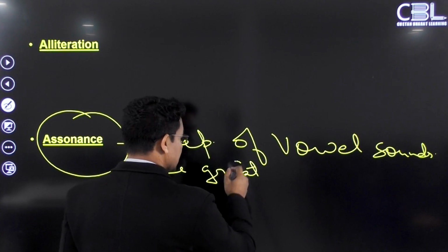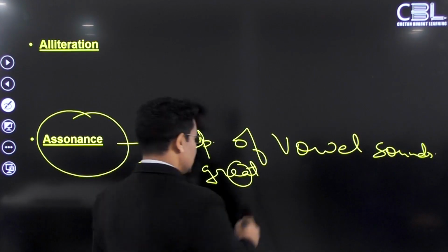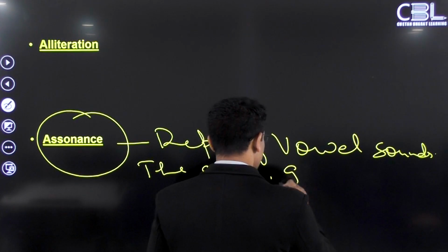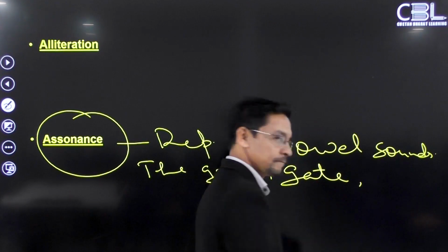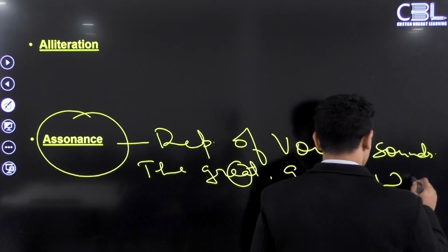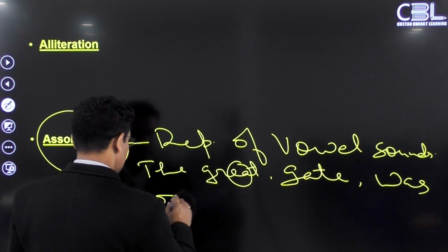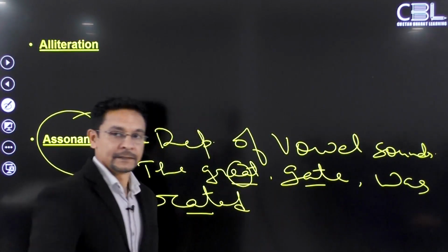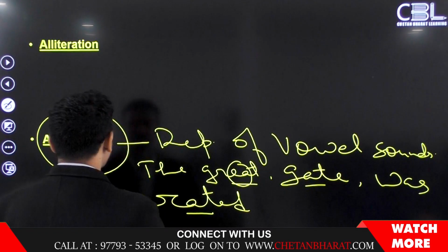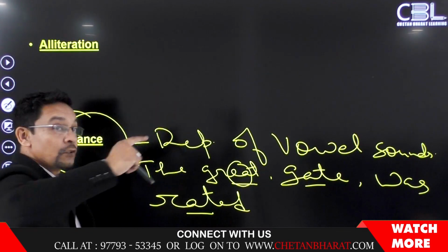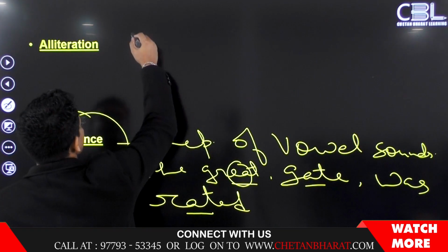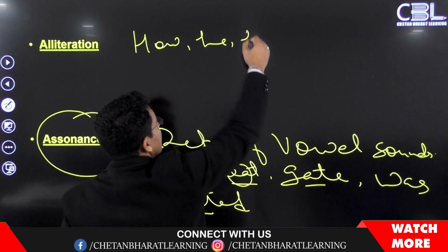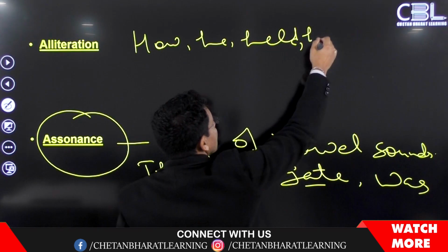I'm talking about the sound A. The great gate was rated. A. Again, A. Assonance. Alliteration, exactly opposite. Repetition of consonantal sounds. How he held her. H.